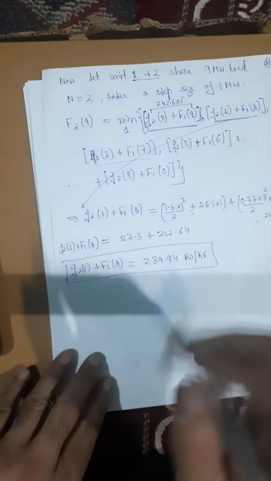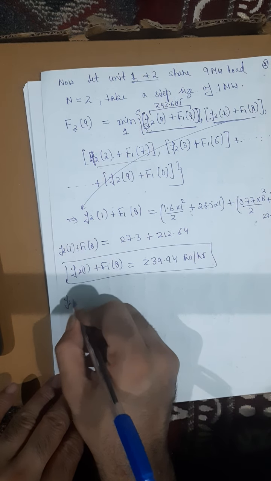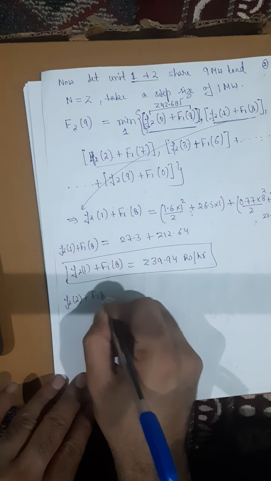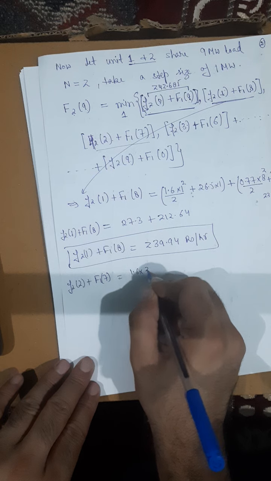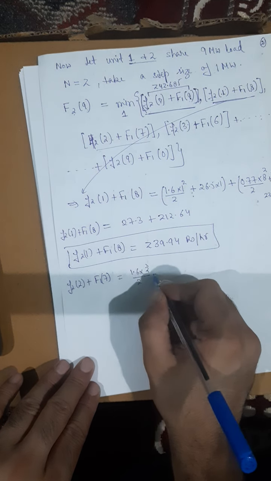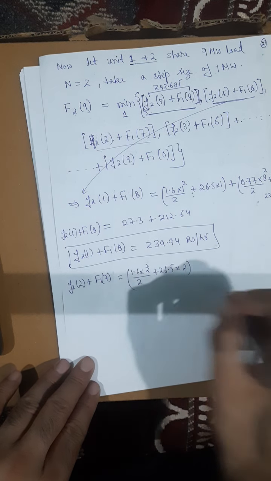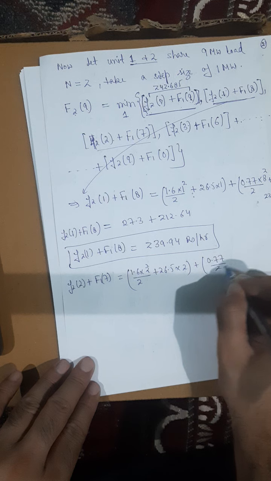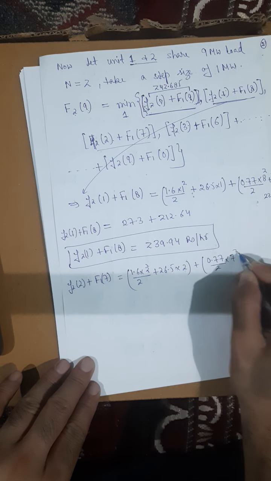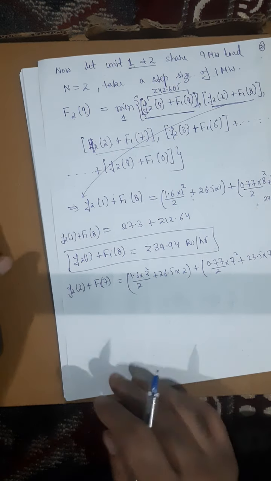Okay, so let me calculate this. Now when second unit is taking 2 and the first unit is taking 7. So this is F22 plus F17. So it will be 1.6 multiplied by 2 square divided by 2 plus 26.5 multiplied by 2, plus 0.77 divided by 2 multiplied by 7 square plus 23.5 multiplied by 7. So what will be the cost here?